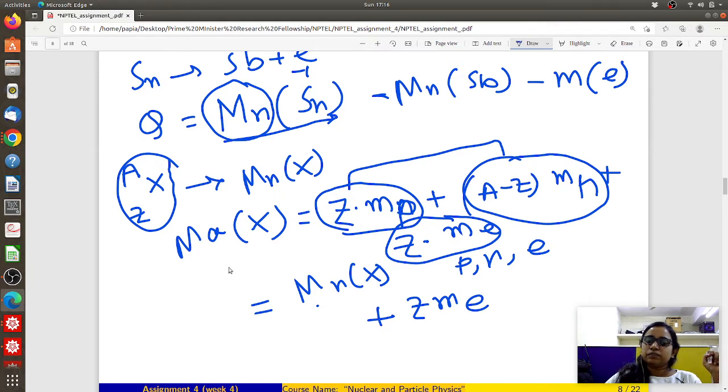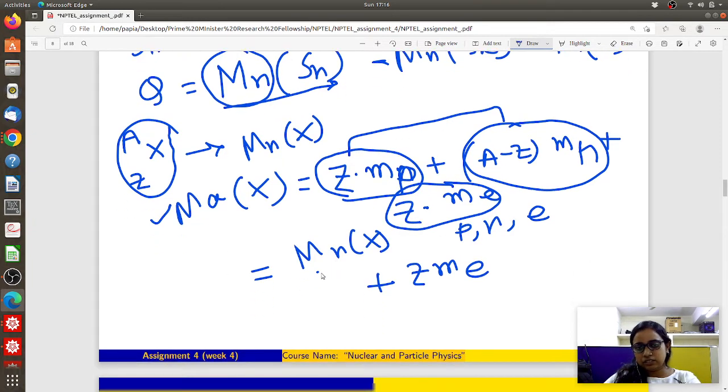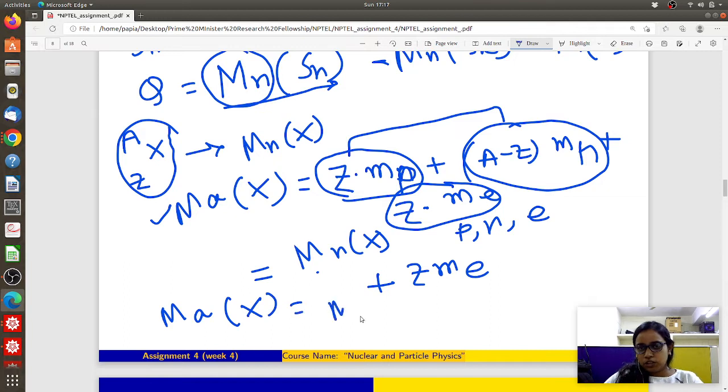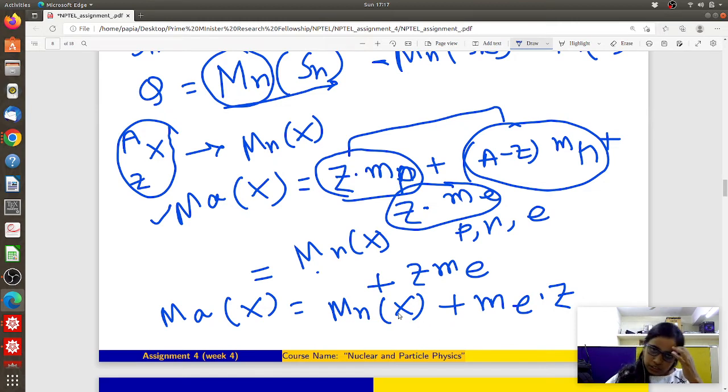So the relation between Ma and Mn is: atomic mass equals nucleus mass plus Me into Z. Obviously Z is the number of protons, and the number of electrons present in that atom. So this is the expression for atomic mass, and this is the expression for nucleus mass.